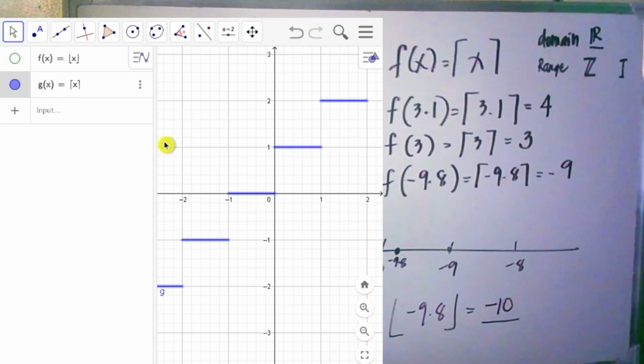Domain and range is just the same. The domain is any real number. So you can input any real number in our ceiling function. But the output is limited only to the integers because by definition the output has to be an integer.